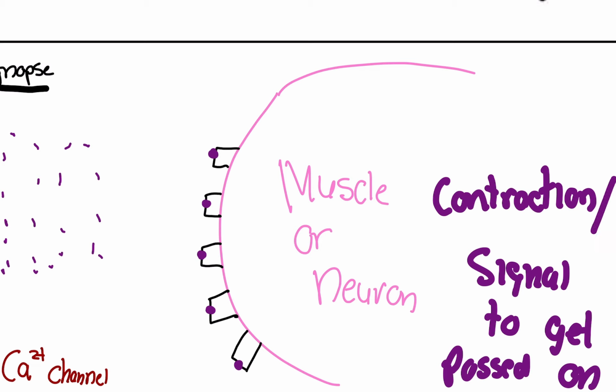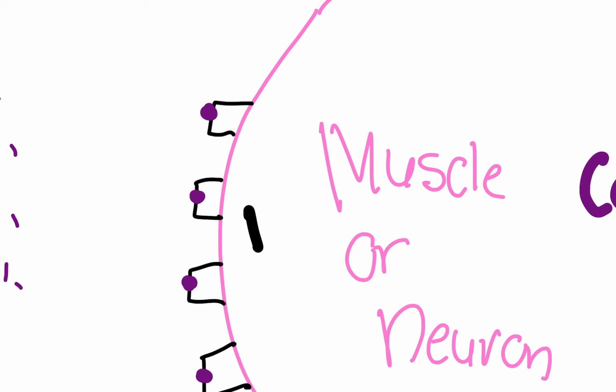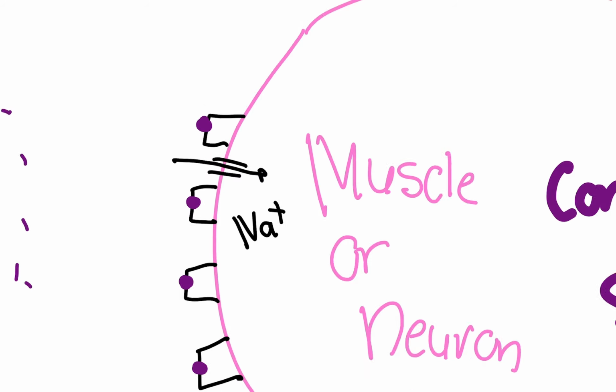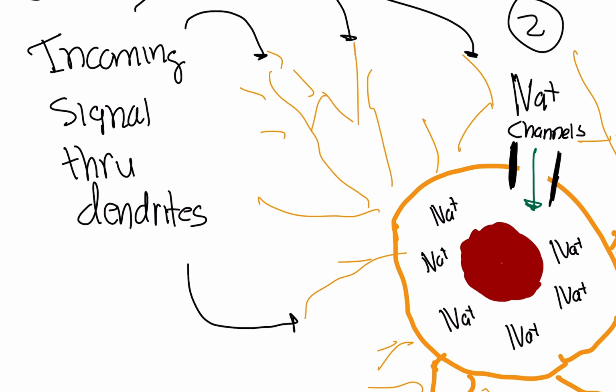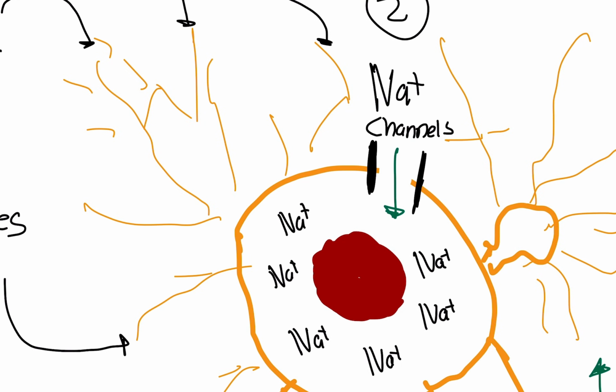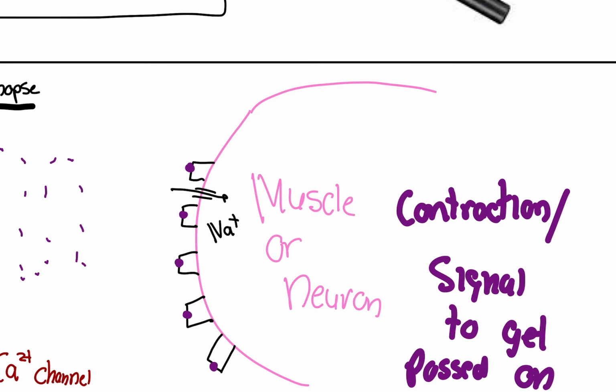So what would usually happen now is the neurotransmitters bind, and sodium rushes in through the sodium channels. Notice how this is exactly like the beginning. Pretend this end stage was a neuron, not a muscle.